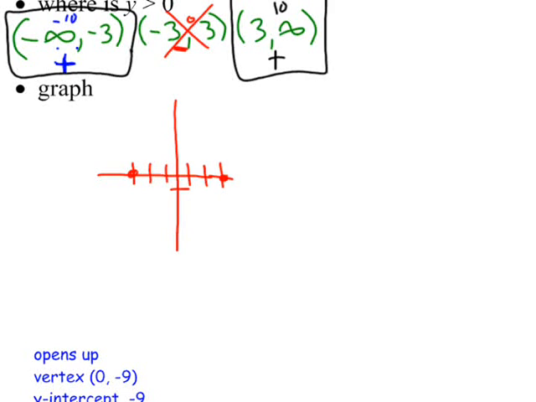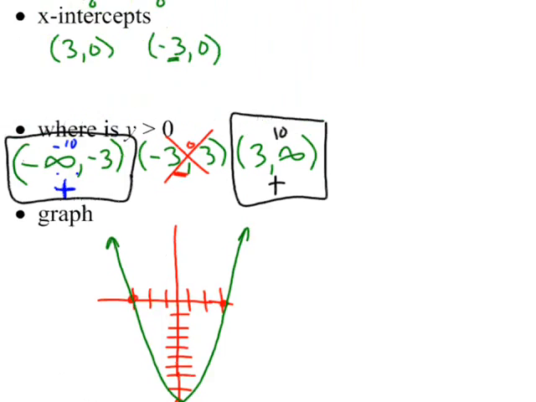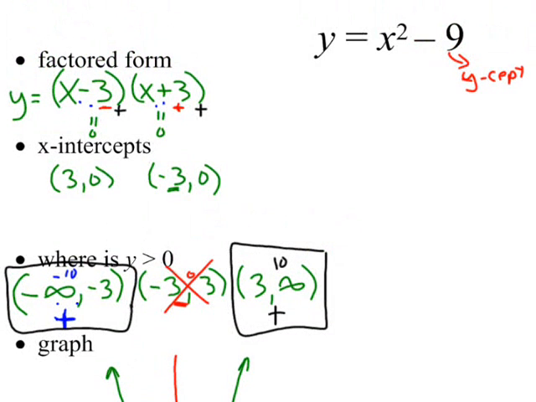Then I just draw my parabola, and I know that it's negative between -3 and +3, and positive on the other sides of the 3's. And again, it should be a happy parabola because it has a positive a value, so it's smiling at us because it's positive.